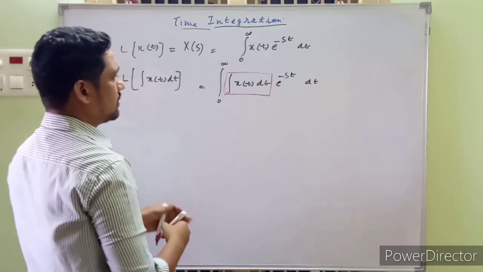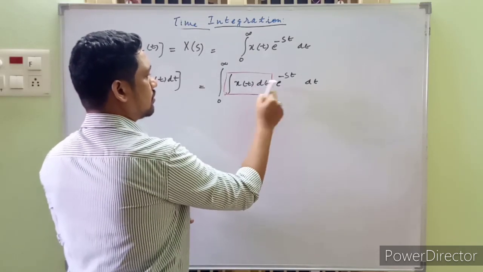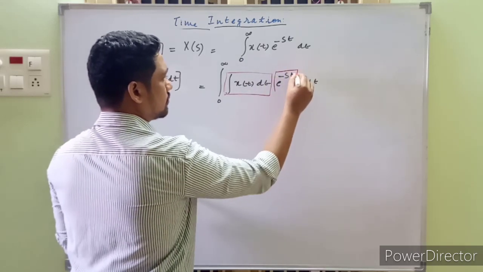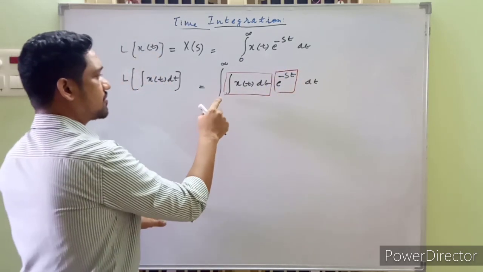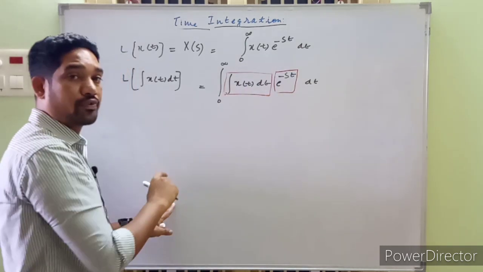Here we can see two terms, this is one term and this is another term, and under this condition the integral of these two can be carried out with the help of the UV rule.